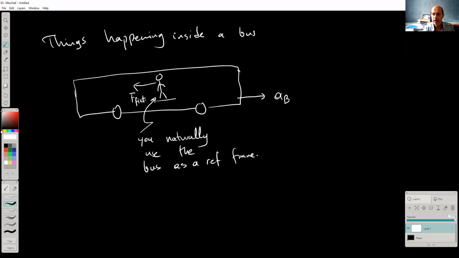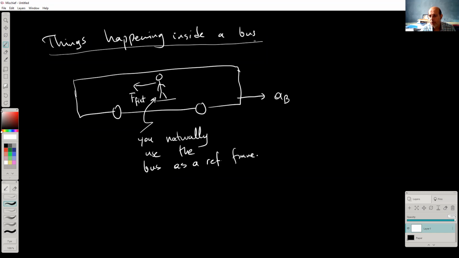Okay. So you can also analyze the things happening inside a bus by using this fictitious force concept. You can use it, but you know that you never feel anything. You never feel that somebody's pushing you, but what you experience is as if something has pushed you in the backward direction.